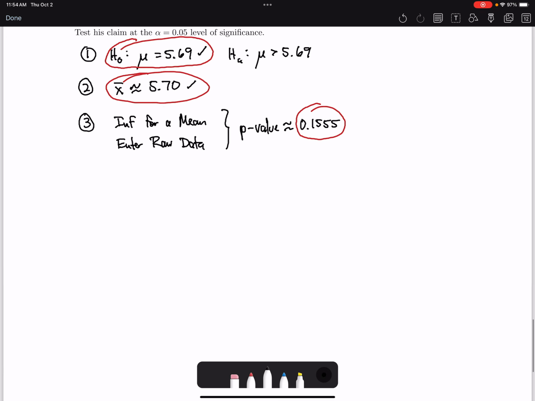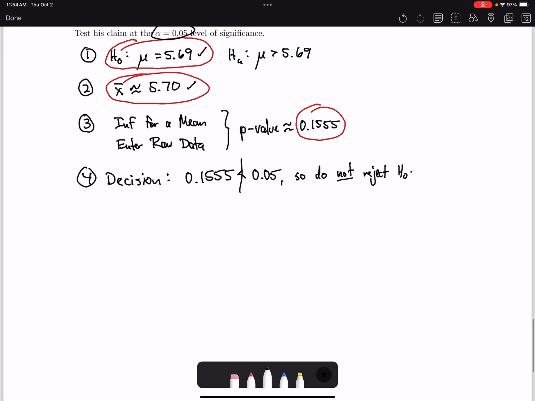Since we're not rejecting the null hypothesis, that means there's really not sufficient evidence to support the alternative. And that's what we would say in conclusion.